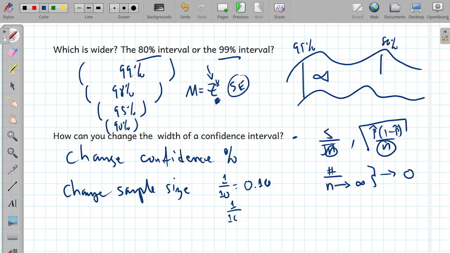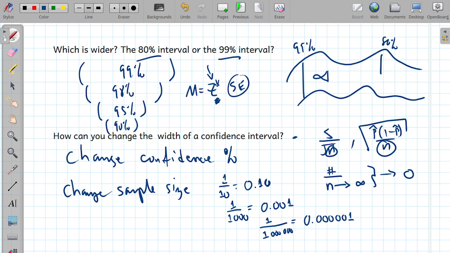Let's go over 1,000. Well, now this is 0.001. And if this was over 1,000,000, there's your tenths, there's your hundreds, there's your thousands, there's your 10,000s, there's your 100,000s, there's your millions.